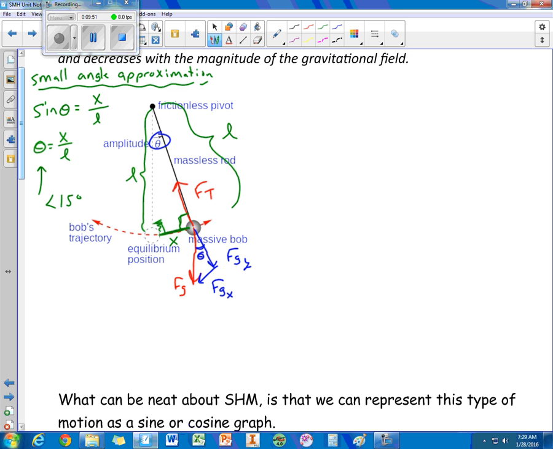So take 15 degrees, convert that into radians, and then anything less than that, this expression right here works. And I'll try to work up an Excel document to prove that to you.